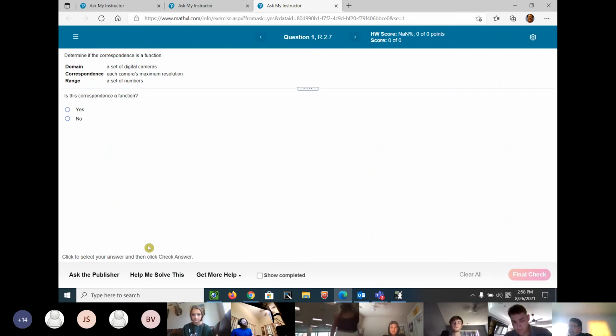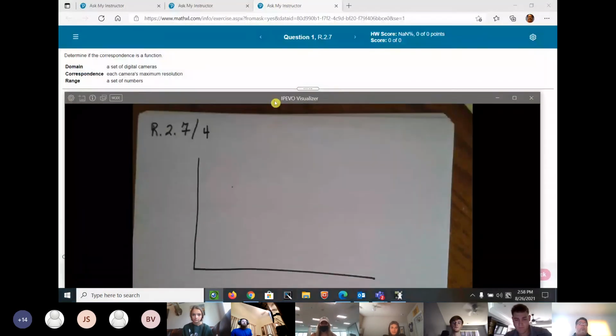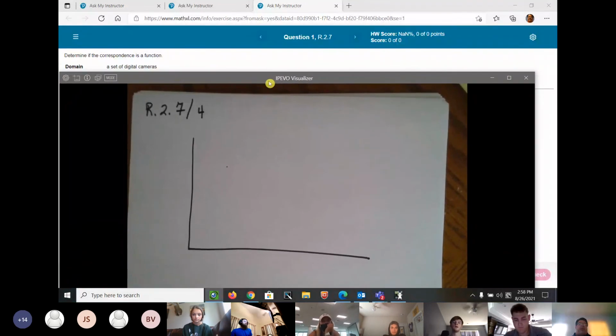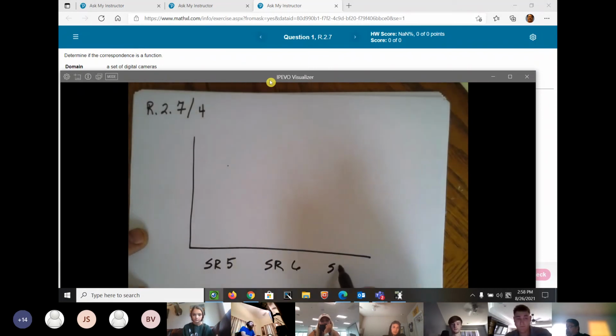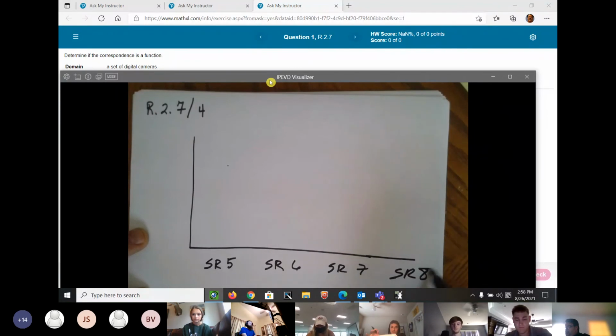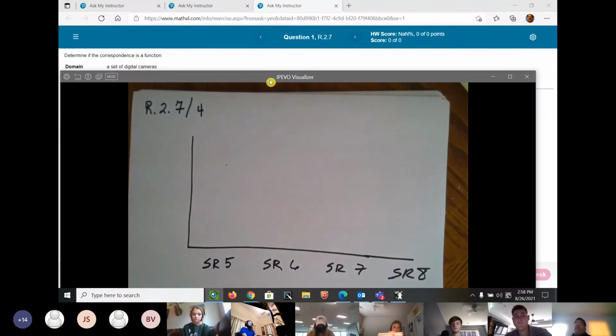Domain. Domain is your X. A set of digital cameras. So XR5, XR6, XR7, XR8. I'm just making up some digital cameras.